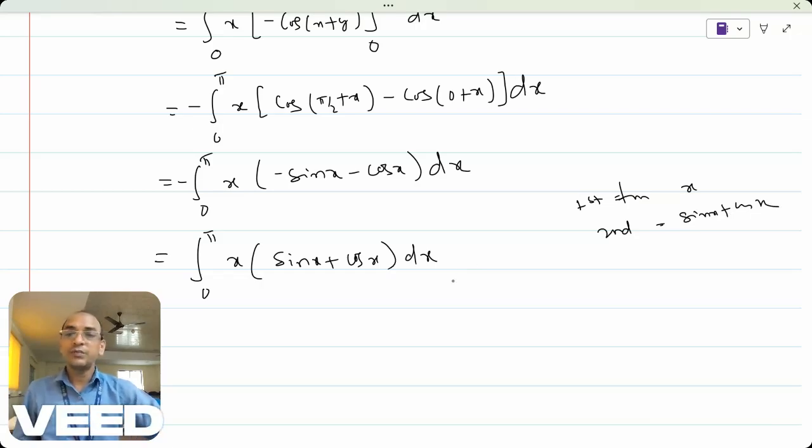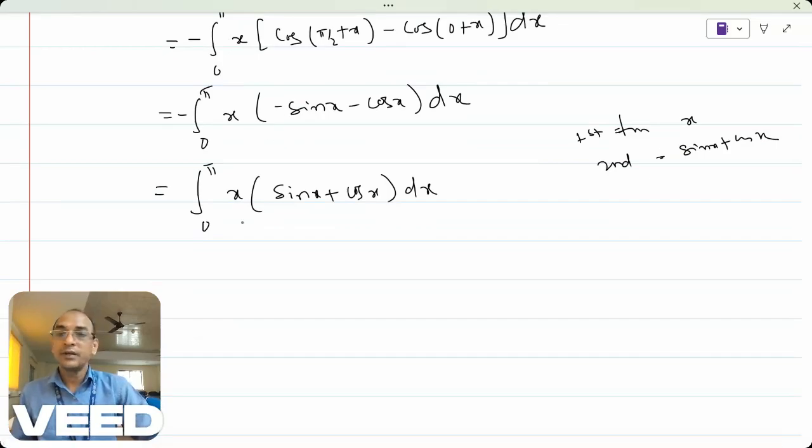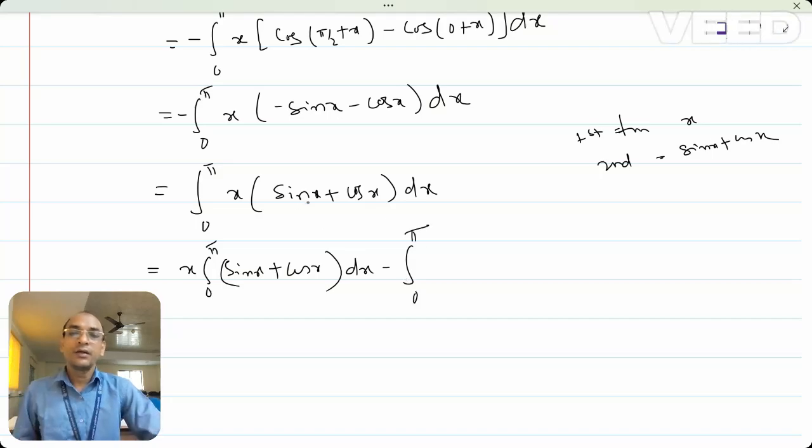According to the by parts formula, we write the first function into the integration of the second function, sin x plus cos x with respect to x, minus the integration of the derivative of the first function.